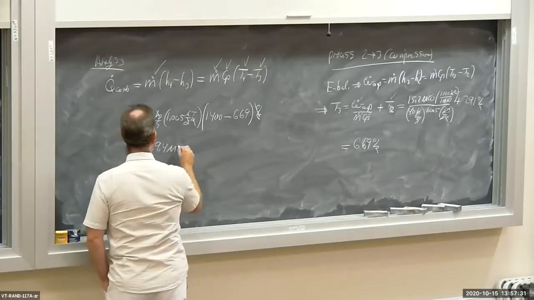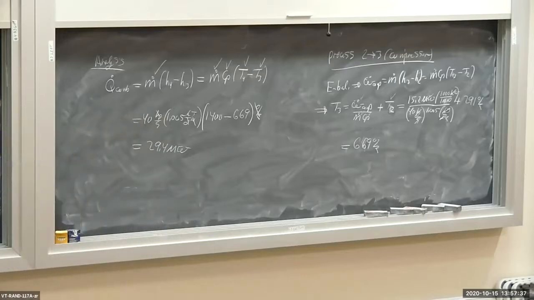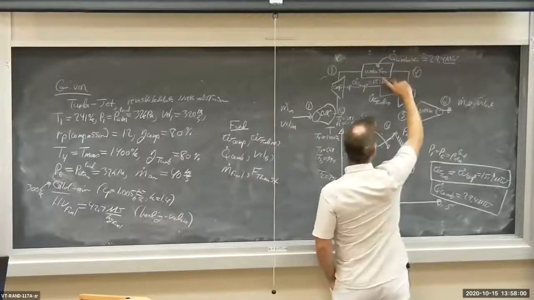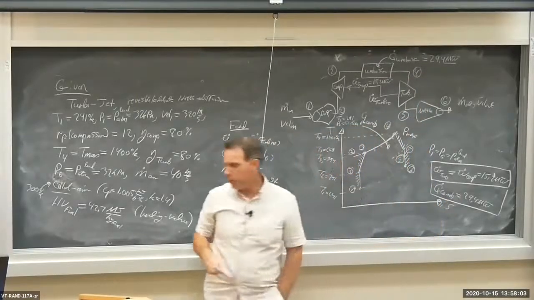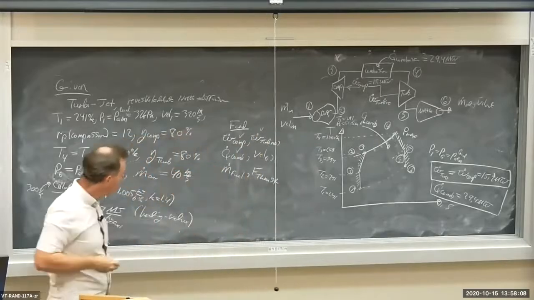So Q dot combustor is 29.4 megawatts. That's a lot of heat getting dumped in. Okay, so we got Q dot combustor, W dot turbine, W dot compressor.